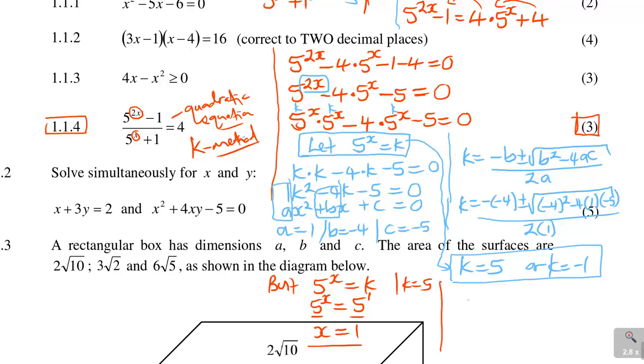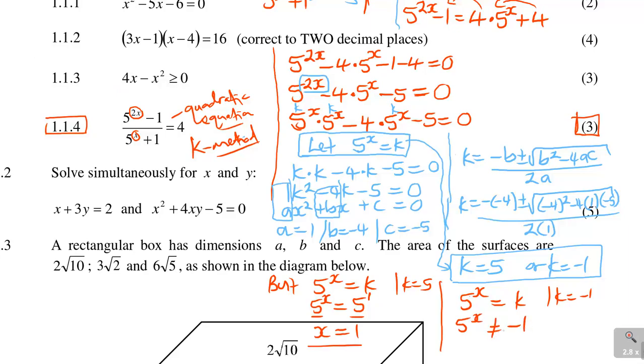Next one, we have got k. Let me first write it like this. 5 to the power of x is equal to k for the second value. Remember, there are two values. Here k is negative 1. So you are going to have now 5 to the power of x is equal to minus 1.